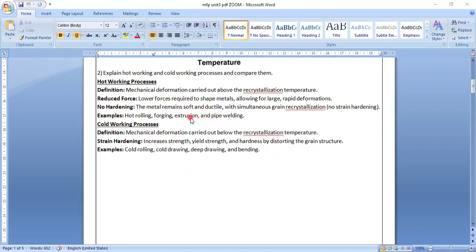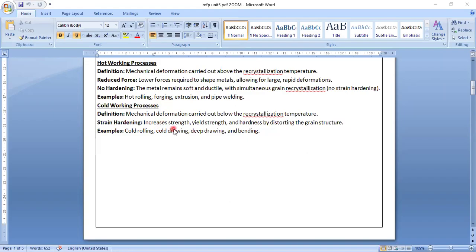Extrusion to make tubes and pipes is also a hot process. Forging is also a hot process. We also use big rollers, two rollers, three rollers, four rollers, which is also done under a hot working environment.